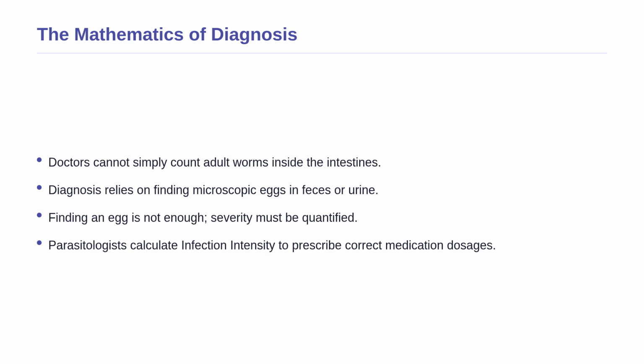However, merely finding an egg is not enough to treat the patient effectively. We need to know exactly how severe the infection is to prescribe the correct dosage of medication. This is where parasitologists turn to standardized mathematical calculations to determine the infection intensity.